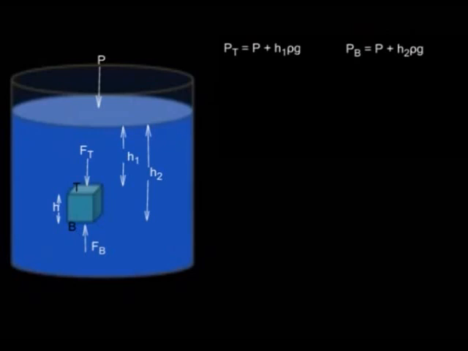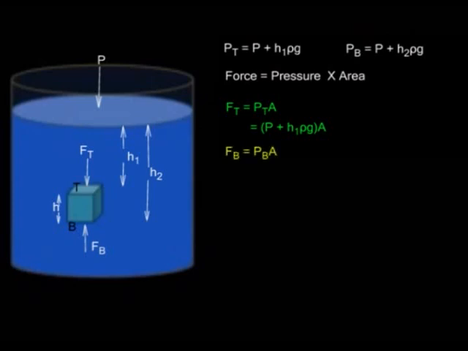Since force is equal to pressure times area, force Ft acting on top of the object is Ft = PT × A = (P + h1ρg)A. Force Fb acting on the bottom of the solid is Fb = PB × A = (P + h2ρg)A.